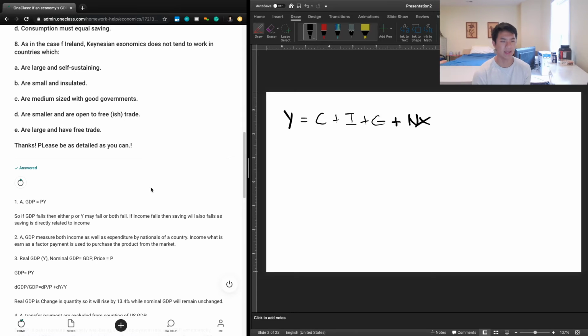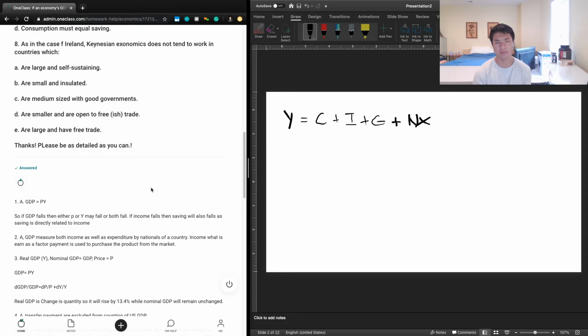Question 8 says, as in the case of Ireland, Keynesian economics does not tend to work in countries which are A, large and self-sustaining, B, small and insulated, C, medium-sized with good governments, D, smaller and open to free-ish trade, E, large and have free trade.